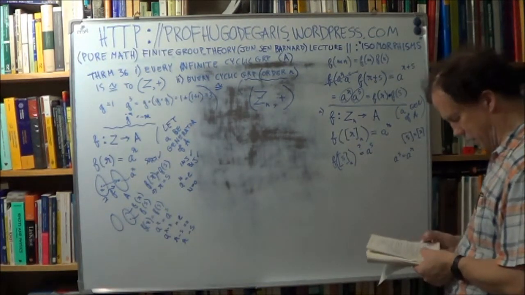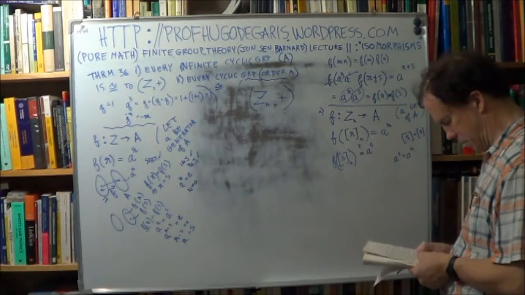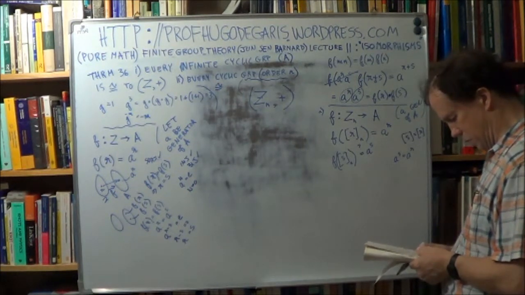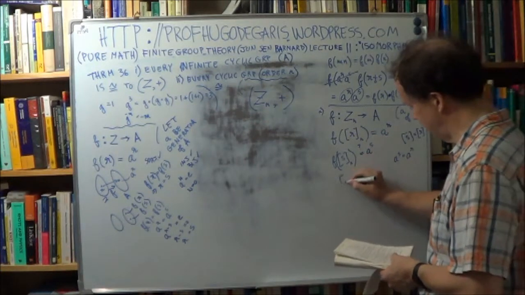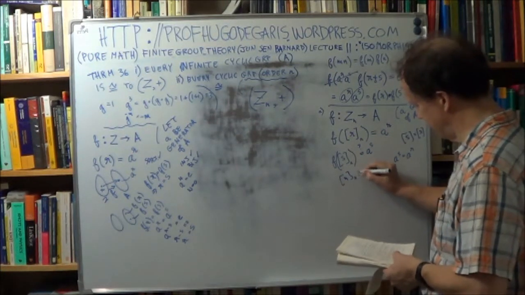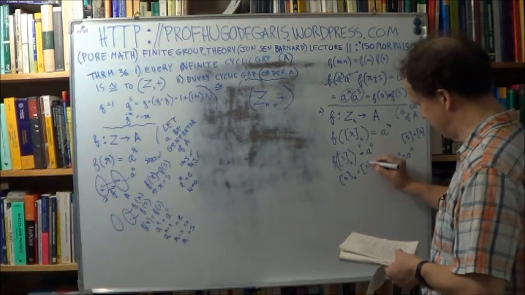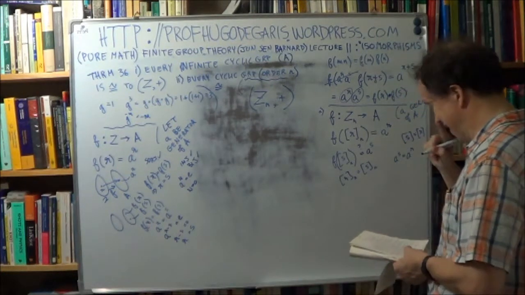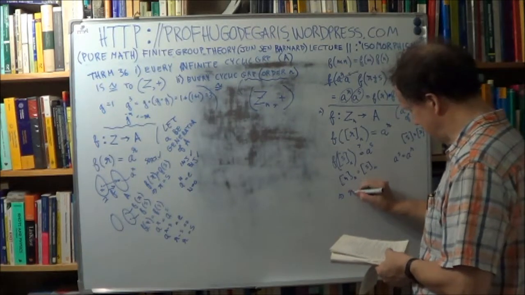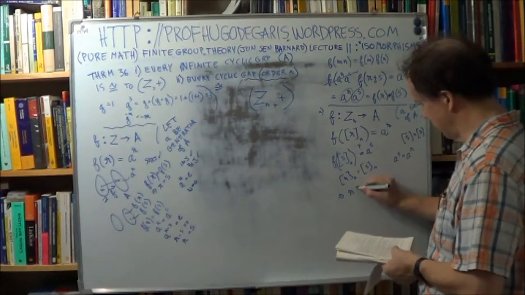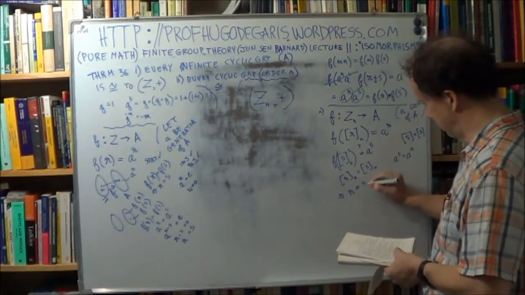So how do we prove that? Well, if residue class R mod n is equal to residue class S mod n, that implies that R is congruent to S mod n.